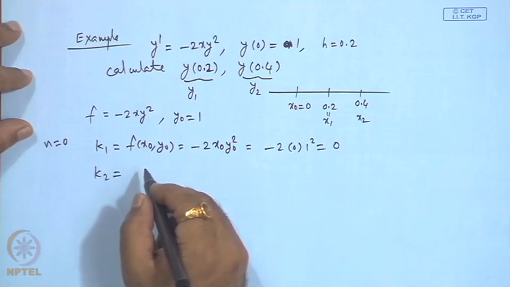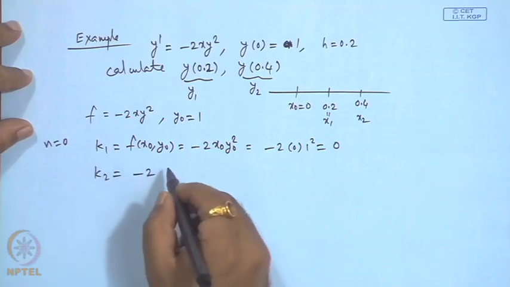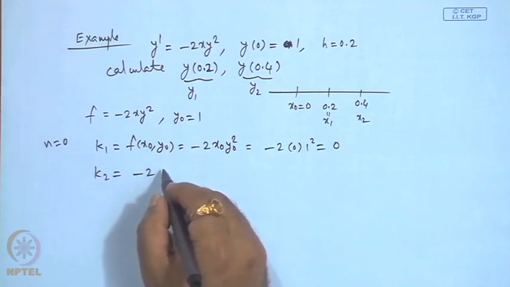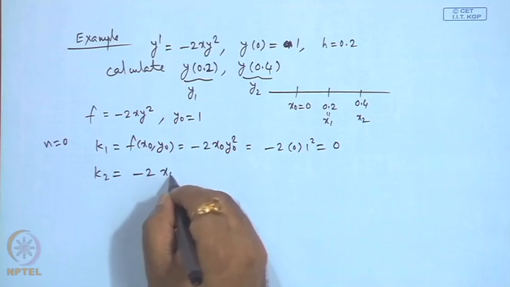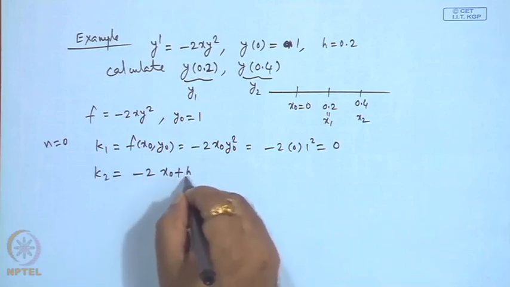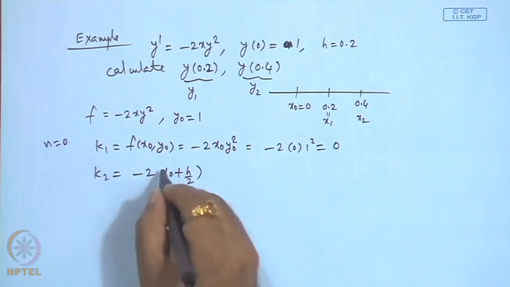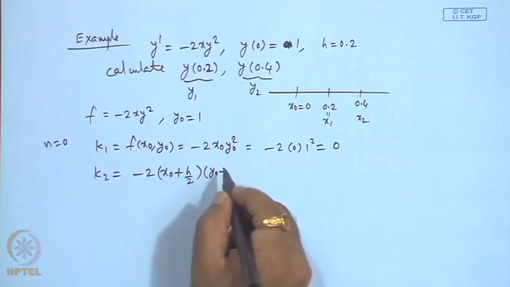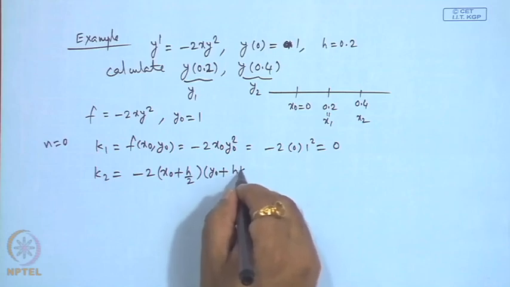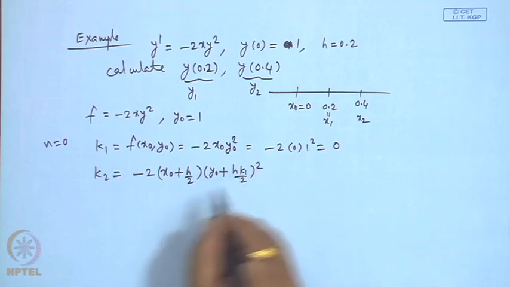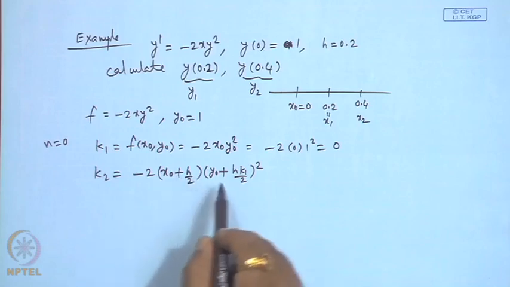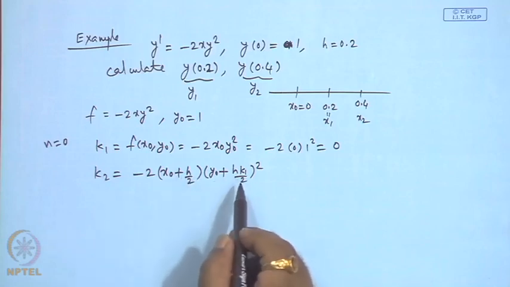K 2 is minus 2 times x 0 plus h by 2, y 0 plus h k 1 by 2, square. Okay, because k 2 is defined as f of x n plus h by 2 comma y n plus h k 1 by 2.